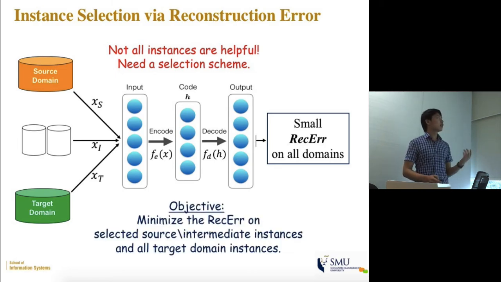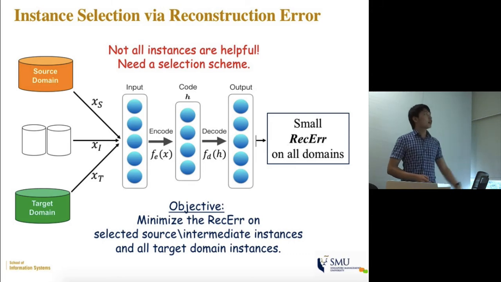Given that you have a selection scheme to detect useful instances from the source and the intermediate domain, you need to learn a pair of encoder and decoder to minimize the reconstruction error on those selected instances and on the target domain instances. So that's the general idea.